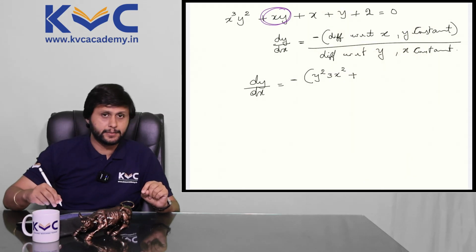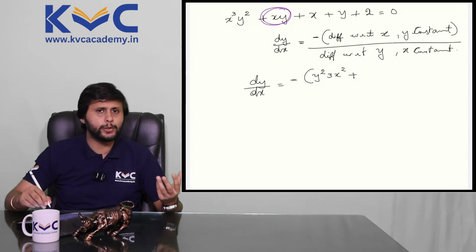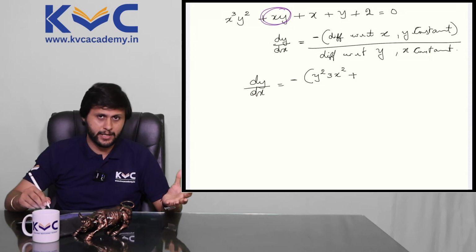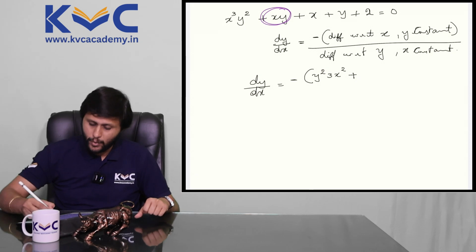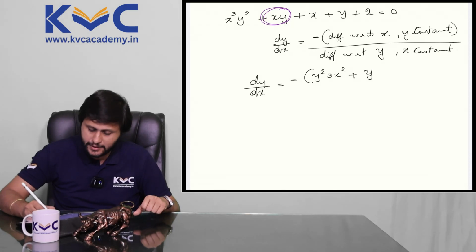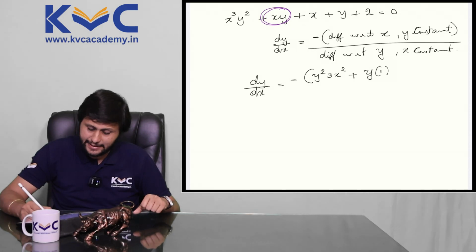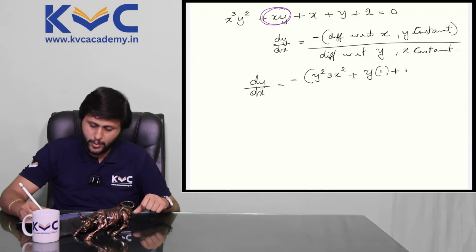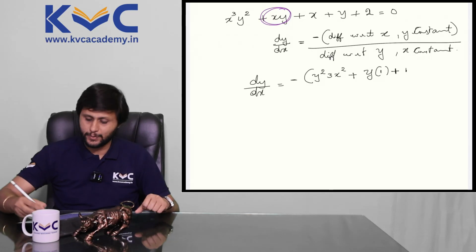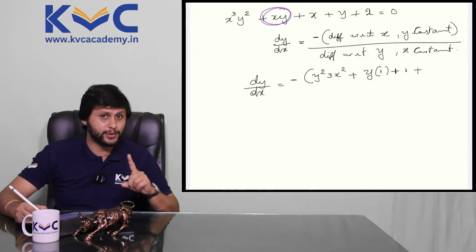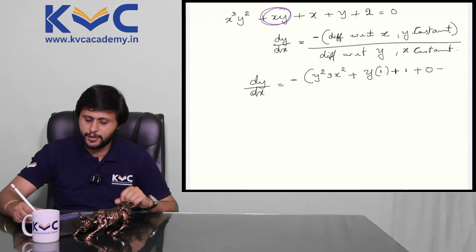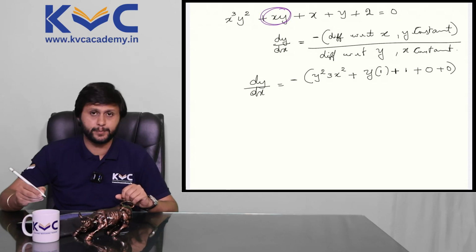Y is constant, so it is as good as having x into 2. We keep it outside. Same way, xy, y we keep constant outside, differentiation of x is 1. Then we have plus x, differentiation of x is 1. Then we have plus y, differentiation of y is, now it is not dy by dx, 0. Differentiation of 2 is also 0.